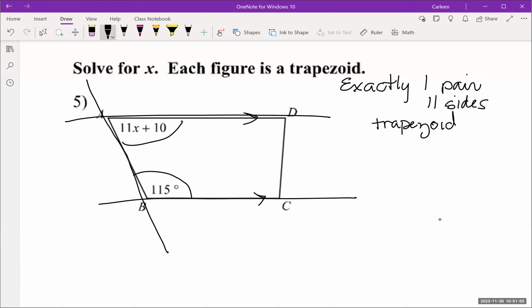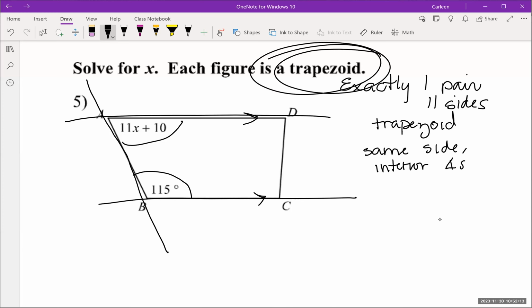So we're still going to use the term side interior angles. Okay, they are consecutive. Good point, they are consecutive. But if it's a trapezoid, those don't count.